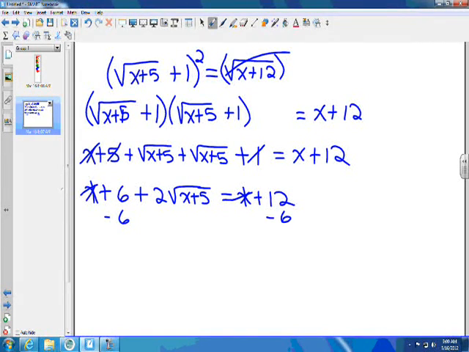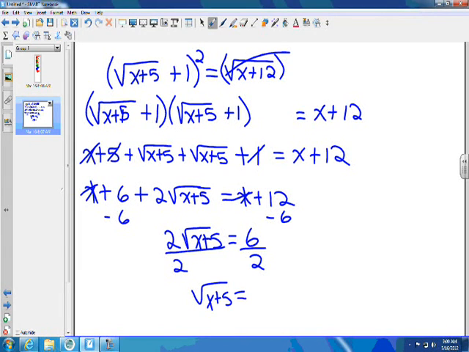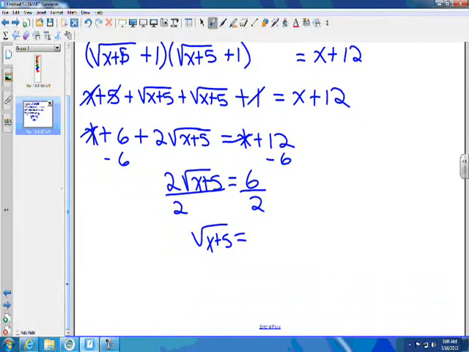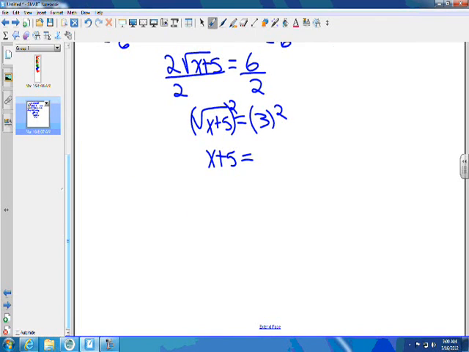So we have 2 squared x plus 5 equals 6. Divide off the 2. Squared x plus 5 equals 3. So we're ready to square again. So x plus 5 equals 9. Subtract the 5. X equals 4.